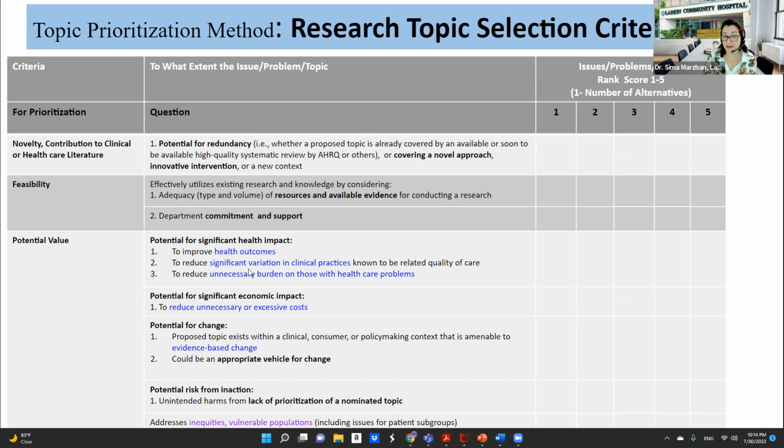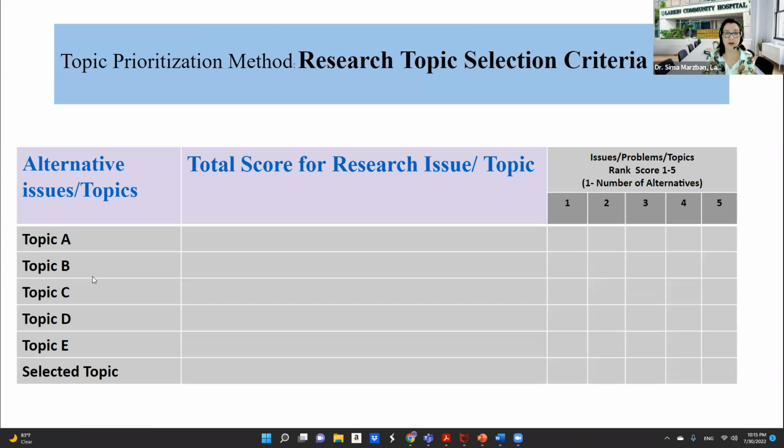If variation makes problems for treatment of people with that condition, and everyone needs to identify a unified type of treatment and a guideline for treatment, put 5. If it reduces unnecessary or excessive costs, evaluate it as 5.